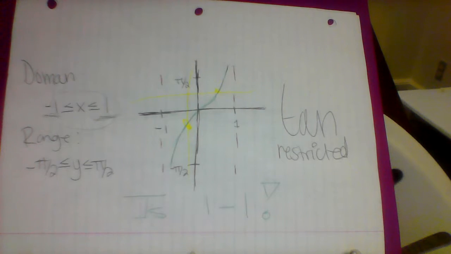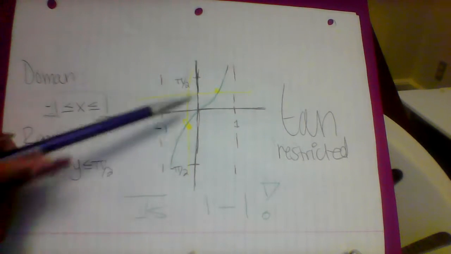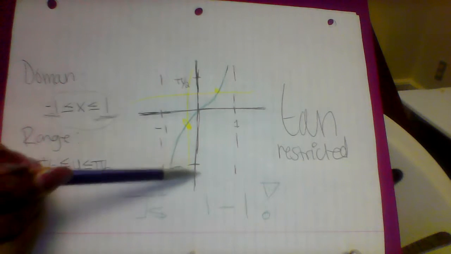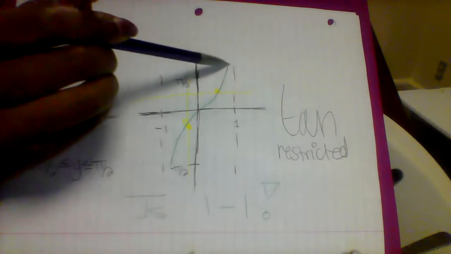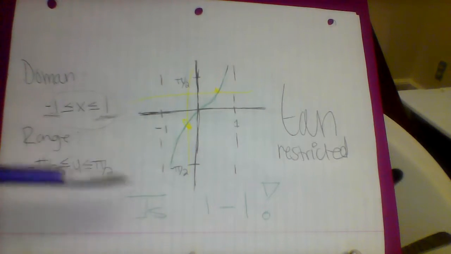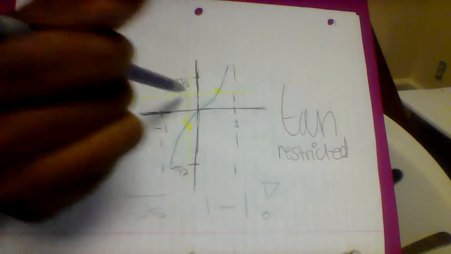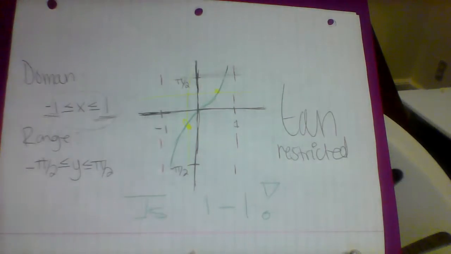So if we're trying to figure out the range, you're going to look at where the y's are. So clearly it stops right here at -π/2 and ends, well, it kind of goes above it, but just for the sake of what's right, it ends at π/2. Just imagine that it's cut off right there.